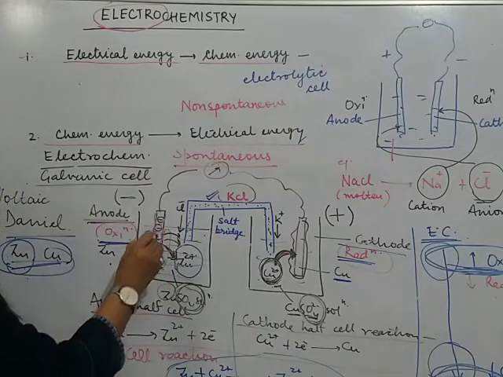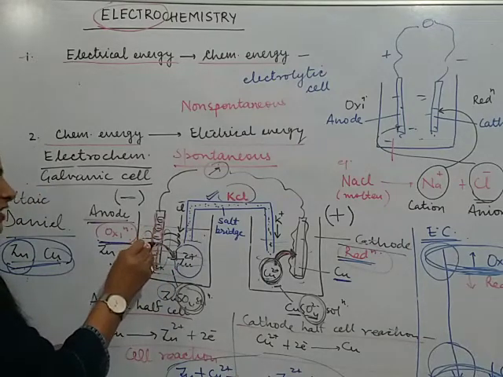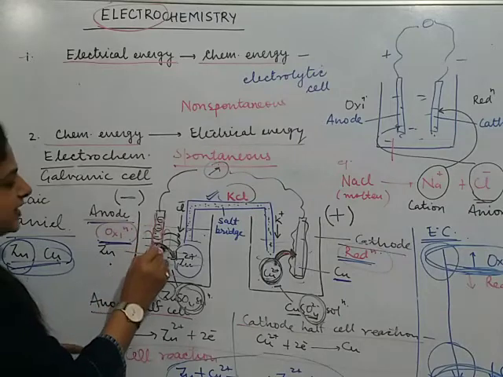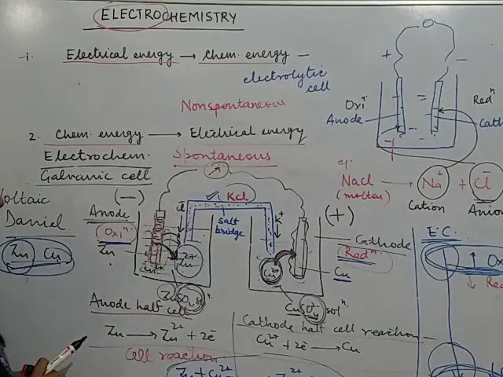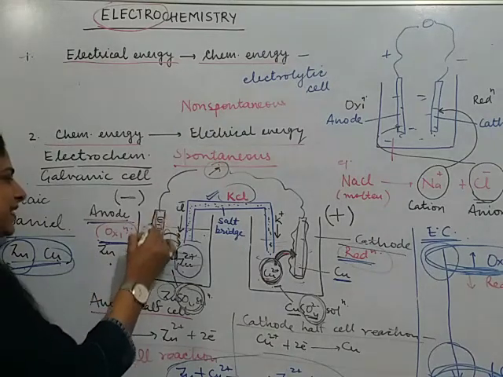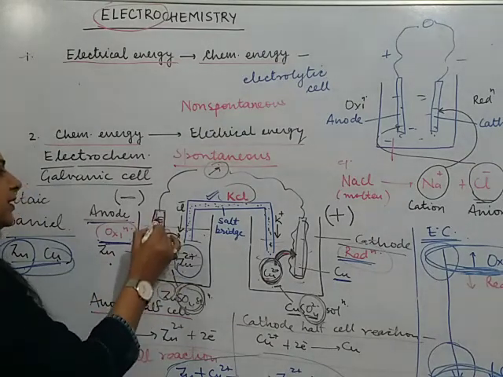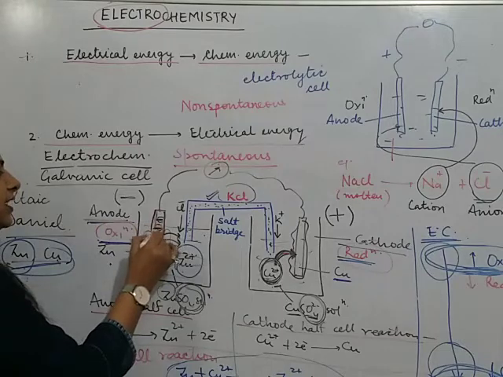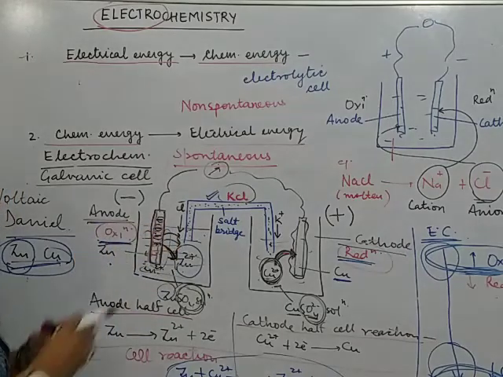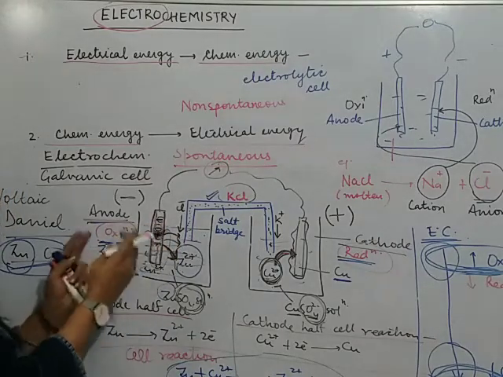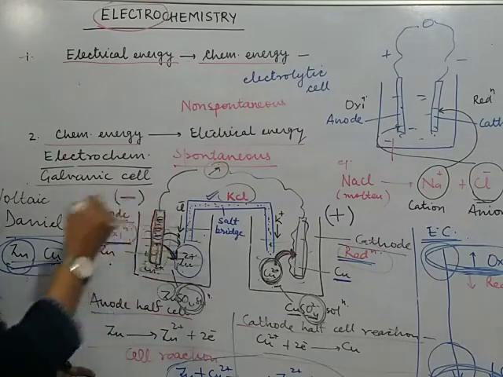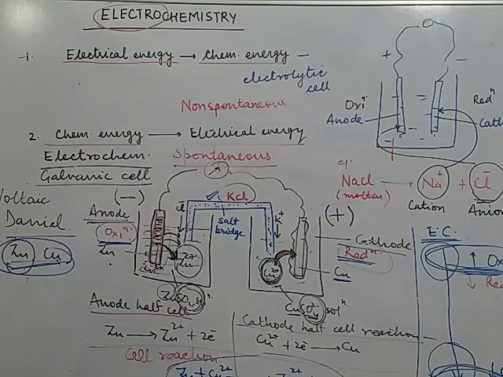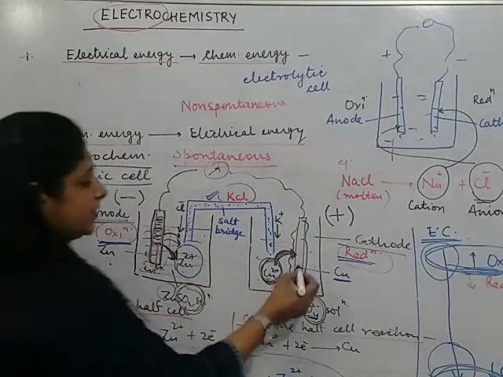So zinc metal leaves its electrons here and then gets converted to zinc ion and moves into the solution. This makes the electrode rich in electrons. So electrons are left on this particular electrode, and that is why this electrode acquires the negative charge.